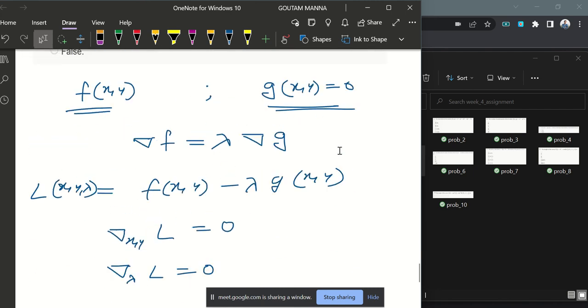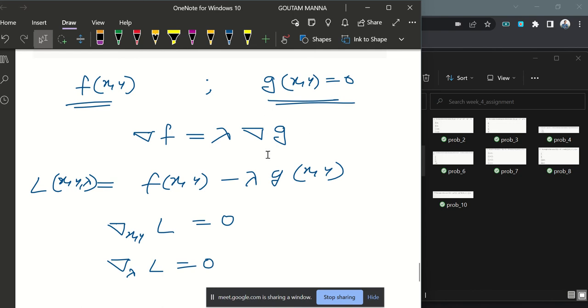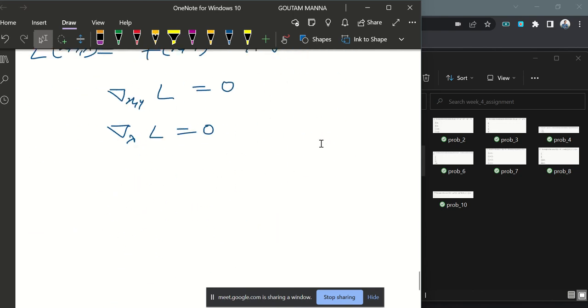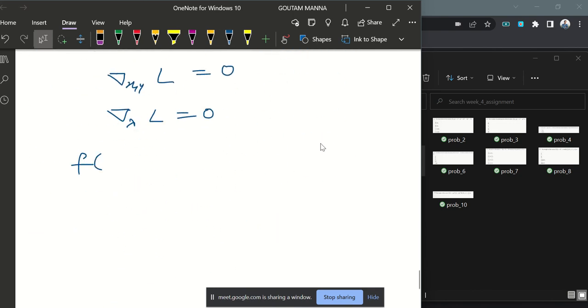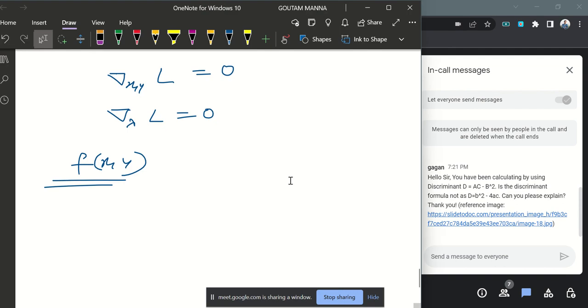In that case, if you apply the Lagrange multiplier method, it will not affect the problem, but you can still apply it. For example, let's say you have f of xy and you are asked to optimize it, and you have no constraint in the plane of xy, but some other constraint, say z equals something given.